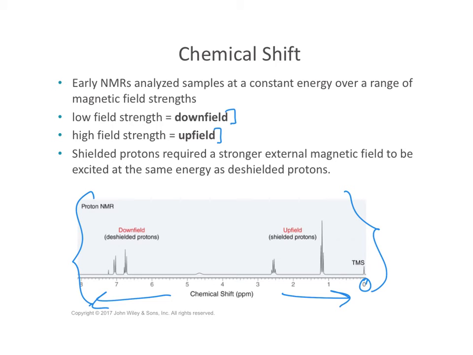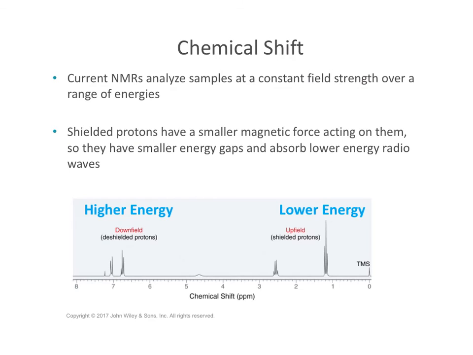So shielded protons required a stronger external magnetic field to be excited at the same energy as deshielded protons. So shielded protons have a smaller magnetic force acting on them because the electrons that are surrounding those protons have, in the presence of the external magnetic field, their own induced magnetic field, which is opposing the external magnetic field, shielding that proton from experiencing the full extent of that external magnetic field.